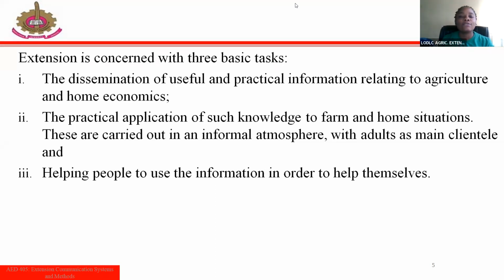Now, when you look at it together, the first one is dissemination of useful, practical information relating to agriculture and home economics. The second one is the practical application of the knowledge that is transferred, and it will be useful for their home and their farm situations.